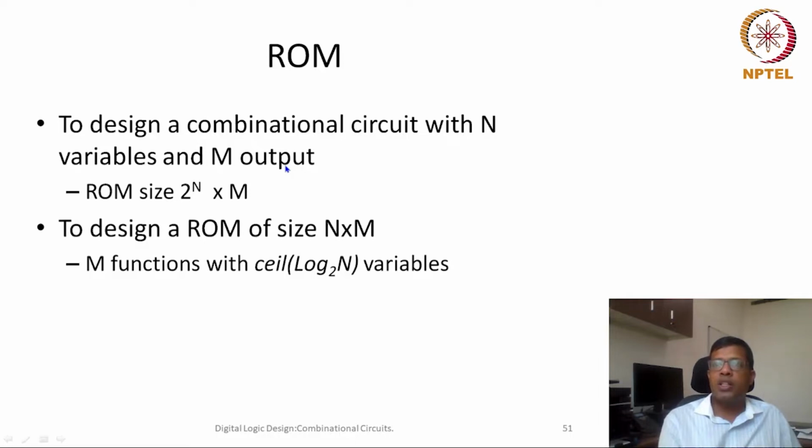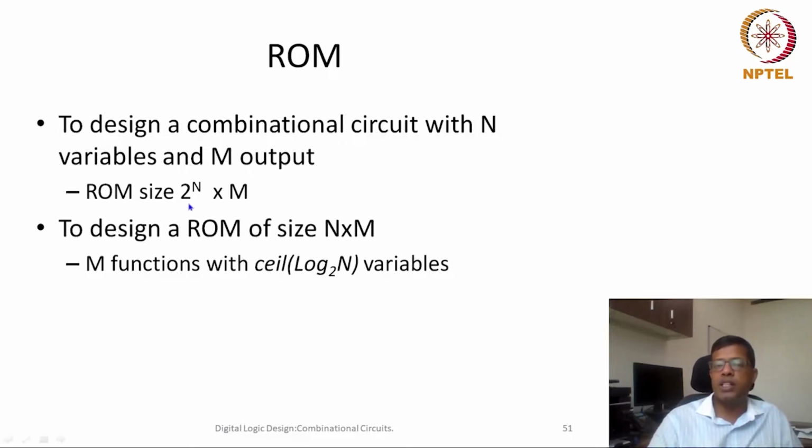This gives us a little more idea of how to create a generic method. The original question where we started this lecture was: can we design a circuit which is generic enough to design any function of, let's say, 4 variables? Then we can use a ROM.